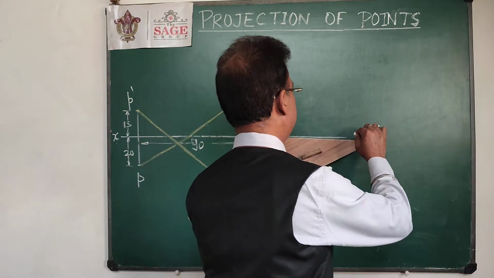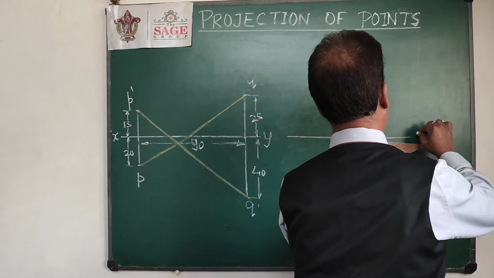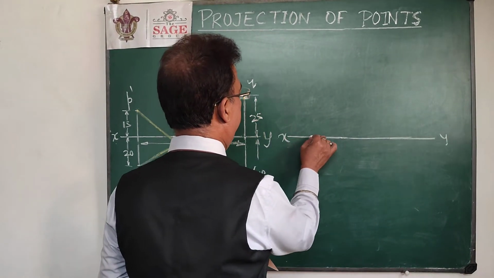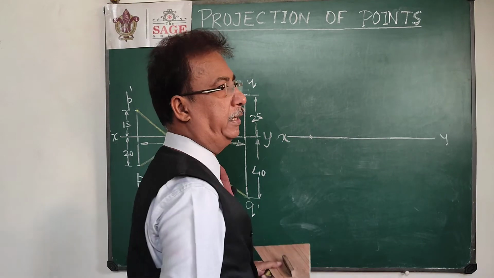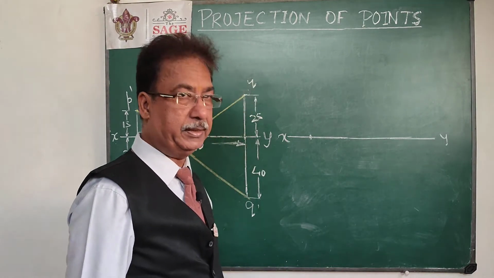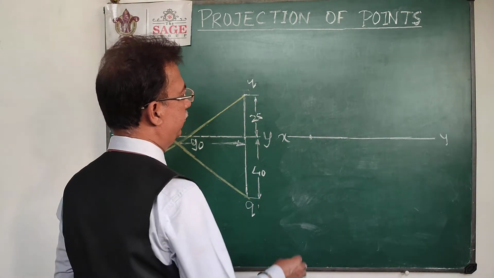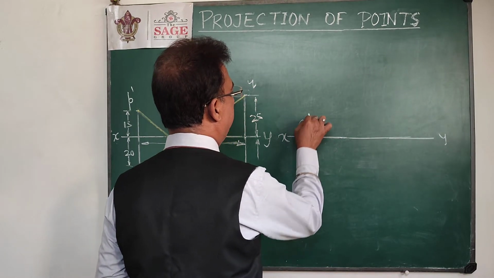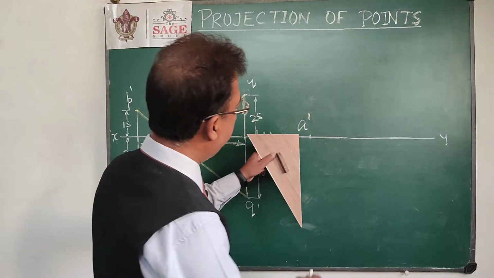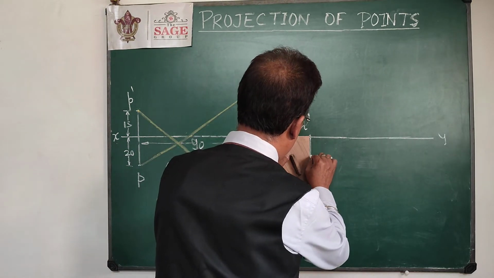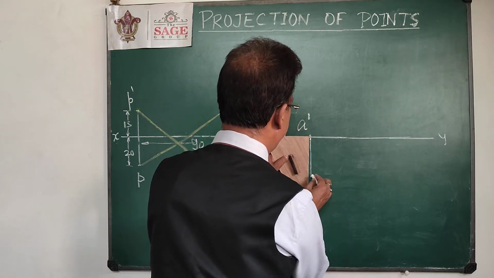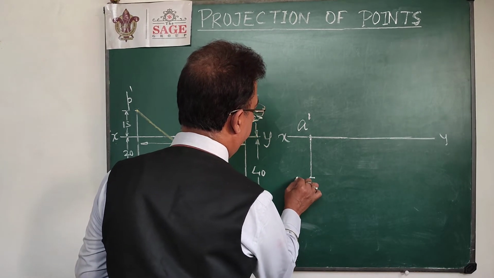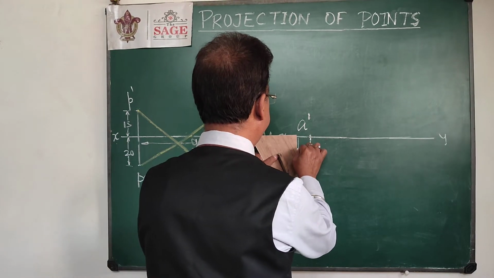So again I will draw a reference line, the XY line. Then on this XY I will plot the first point. As you remember, the problem says that the points A and B are on the HP. So A in the HP means small a dash will be on the XY line, and it is 30 mm in front of the VP, so small a will be 30 mm below the XY line.